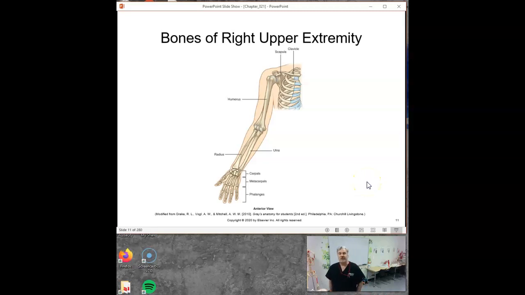You also want to start, and I've already seen you guys do this, using the proper terms for joints. So can somebody tell me what my shoulder joint is called here between my arm and my scapula? Glenohumeral. Glenohumeral is correct.